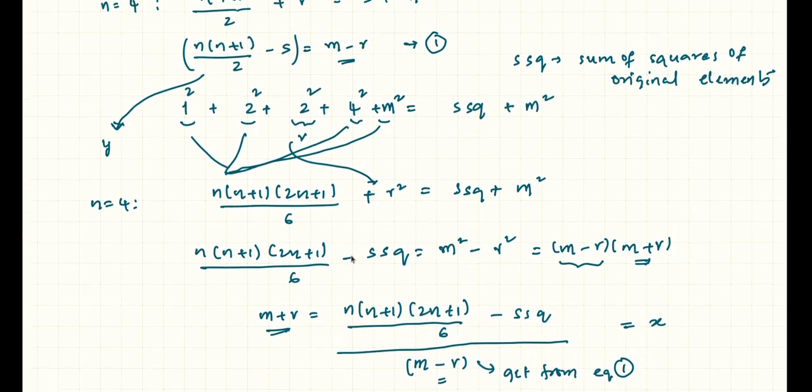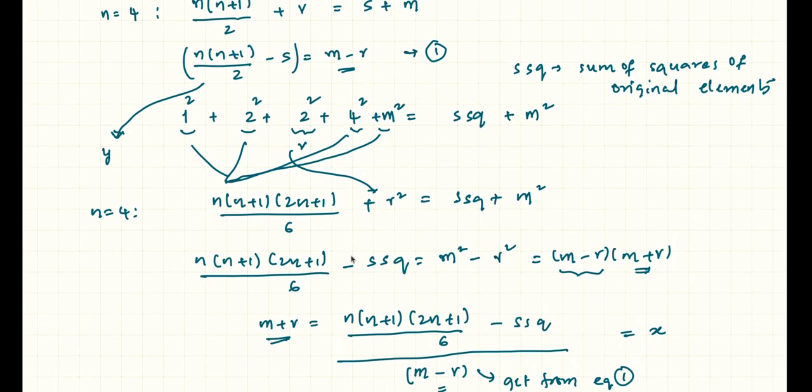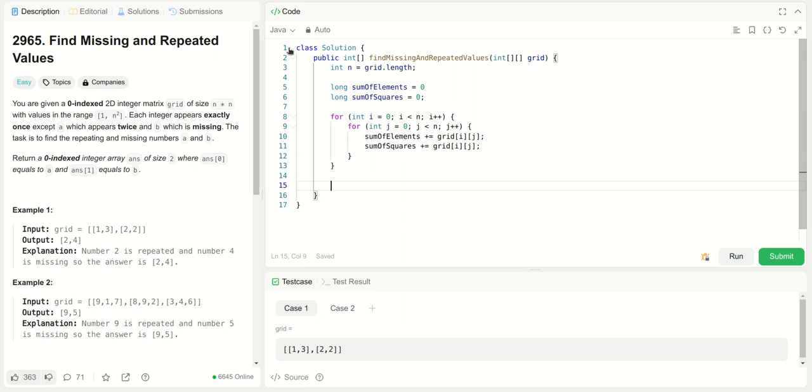So m minus r is basically the sum of first n natural numbers minus the sum of the elements, right? Let's call it long y. As you can see, the first equation result is y.